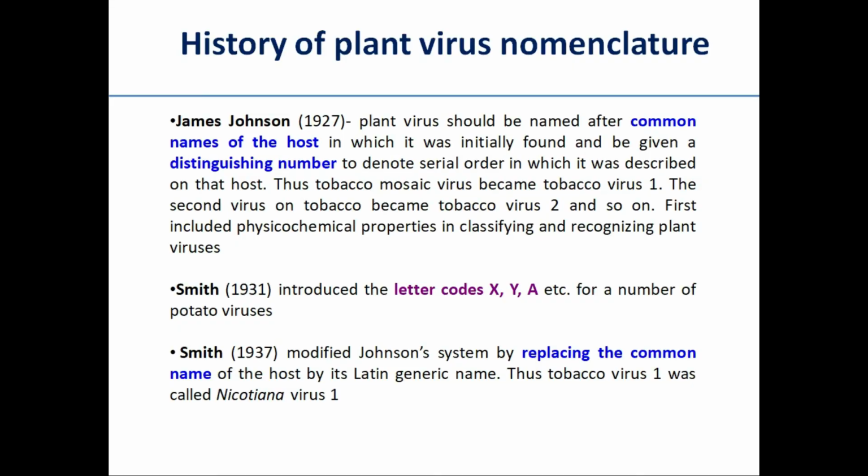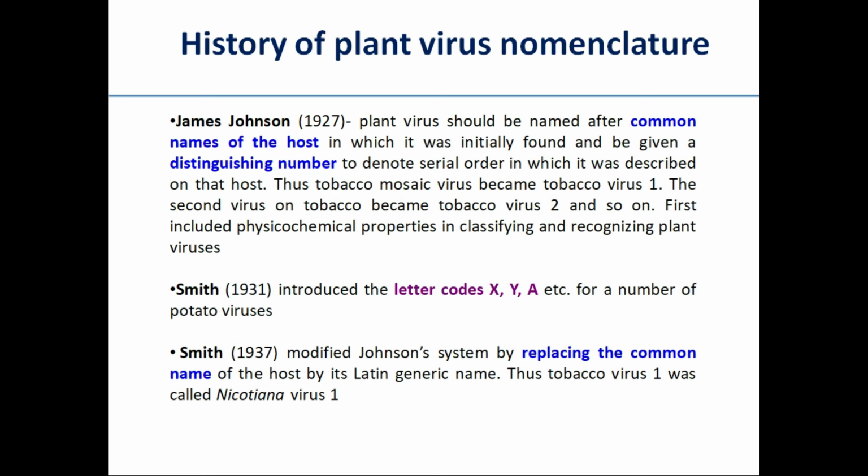Now we have a great deal of efforts in plant virus nomenclature. The first attempt to name a plant virus was made in the year 1927. Of course, we know that Adolf Mayer first gave the name mosaic disease in tobacco in the year 1886.